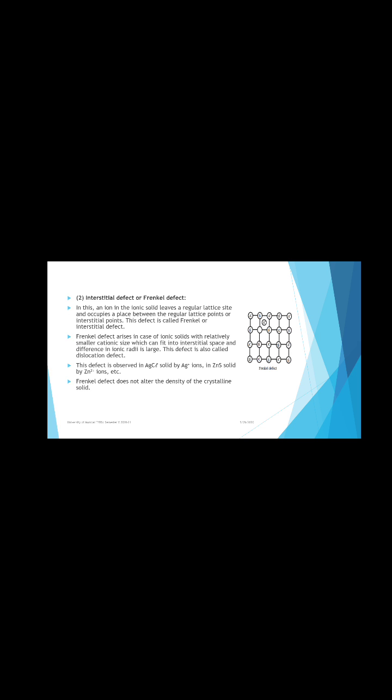That means an ion or particle from the solid leaves its original position and occupies a new position, formed in between two regular lattice points, the interstitial point. That means the ion is localized in between two lines, which is also shown in the diagram. So this defect is called an interstitial defect or a Frenkel defect.